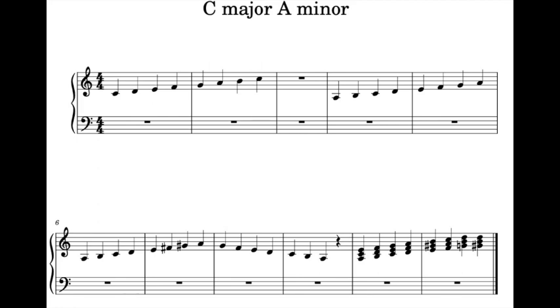So a scale of A minor will have, not written on the key, but written on the piece, the F sharp and the G sharp: A, B, C, D, E, F sharp, G sharp, A. But changing the 7th note from G natural to G sharp is necessary only when you are going up, for example, from E to A. In this case we need G sharp, but if you are going down, we don't need G sharp.